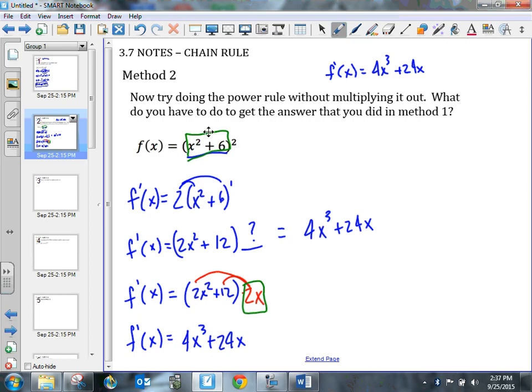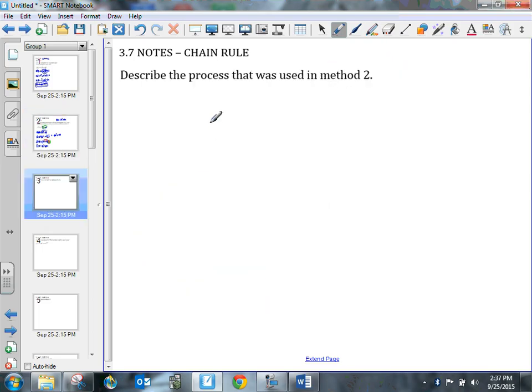So that's interesting. If I take my normal derivative, leave my function the same on the inside, then in order to get the derivative that I need, I have to multiply this by 2x, the derivative of my inside function. So what I want you to do is now describe the process that was used in method 2. Describe what we did.